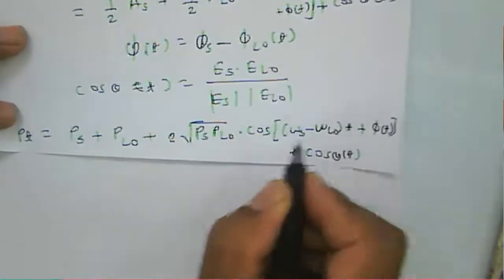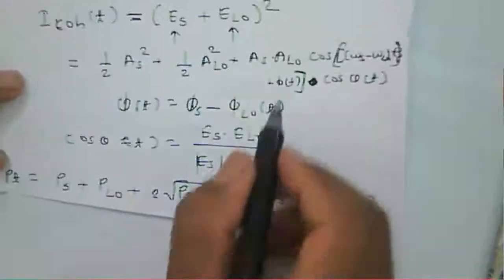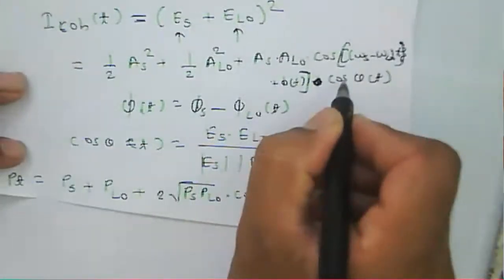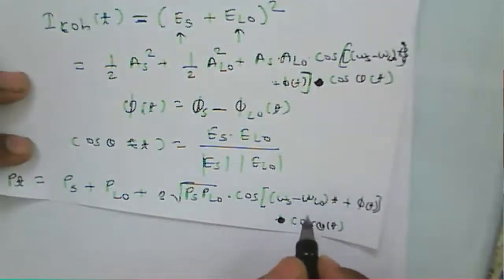Here it is not plus, it is into this one: cos of theta t, multiplied with this particular bracket.